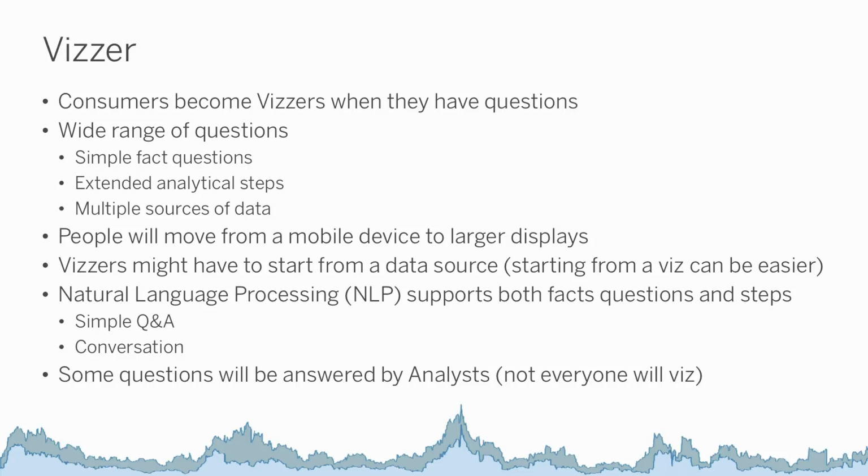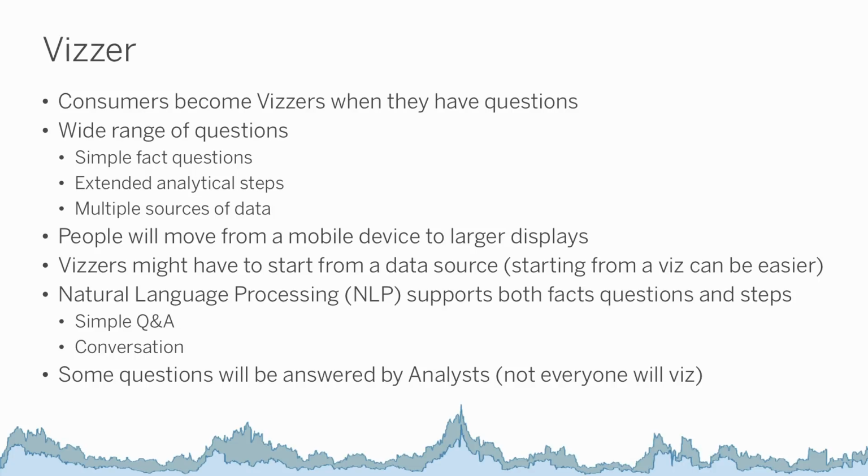There are other questions, however, that require significant analytical steps to be able to answer. And the hardest ones of those, which I highlight here on the slide, are questions that involve multiple data sources. And as I said, data's raining out of the clouds, and data's coming now from multiple data sources, and often you have questions that require that.